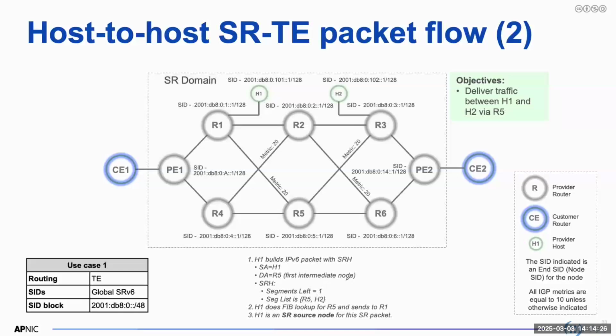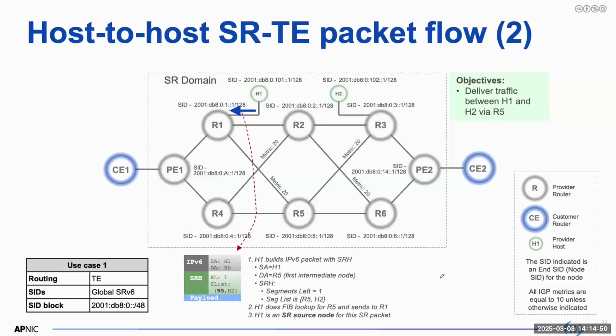Once the segment routing header has been built by H1, because it supports segment routing in this case, even though it's a host, remember it's not only routers that can support segment routing; even Linux hosts can also support segment routing. So H1 has built the segment routing header.